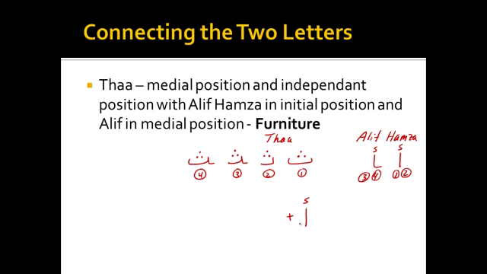But remember here, the Alif Hamza cannot connect to what comes after it. So we have to put a Tha in the initial position. So it's going to look like that. Again, this one is this, and this one is that. Now you hear again, if we pronounce this word Athāth, you hear that sound in the third letter.